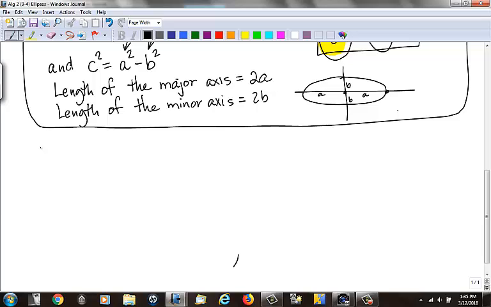Okay, the next part. This one is the center's at 0, 0, and the major axis is your y-axis. Okay?